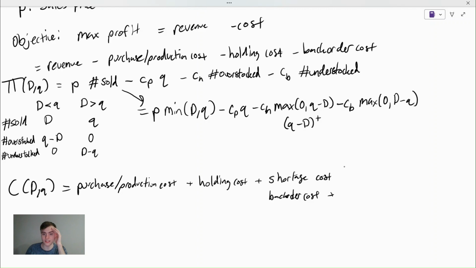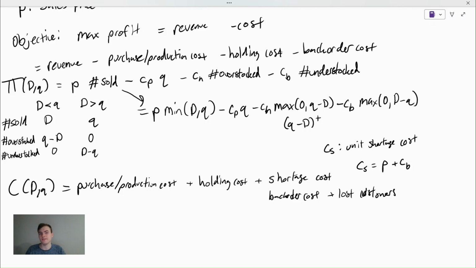So backorder cost plus lost customers, which means we're simply going to be adding P to this CB, right? So let's say CS is the unit shortage cost, and so for every customer missed, we lose out on the revenue P, and we pay the extra cost CB.